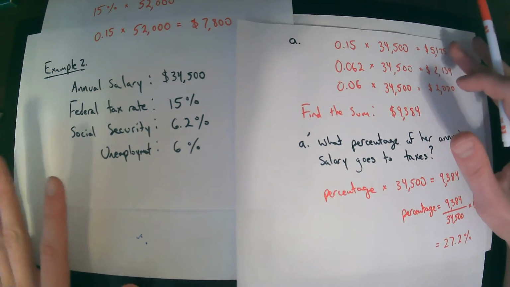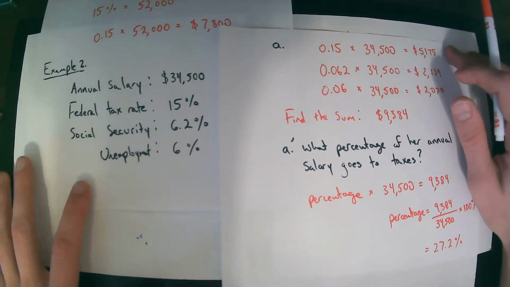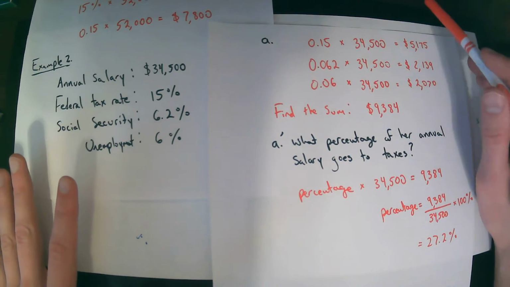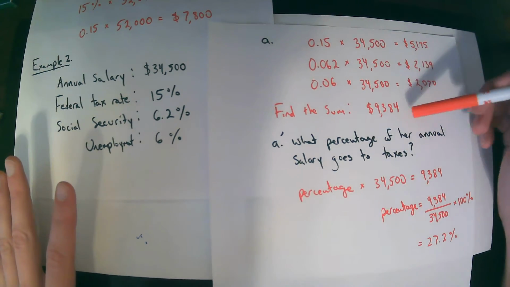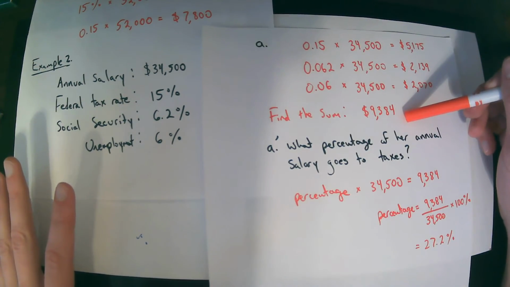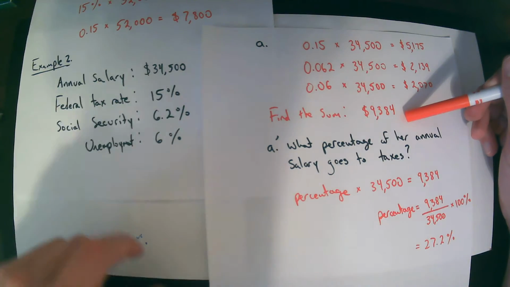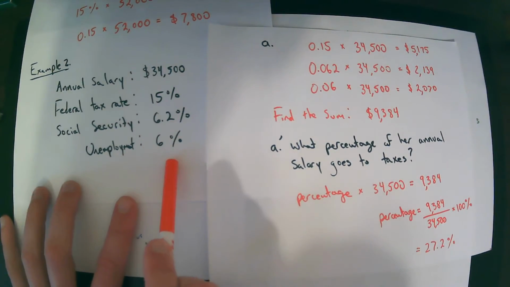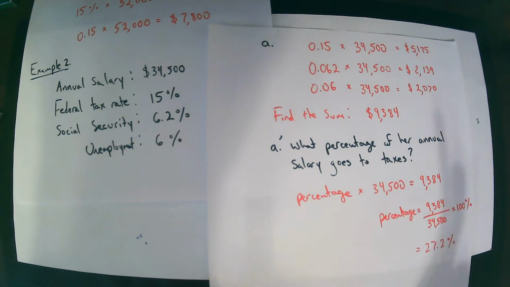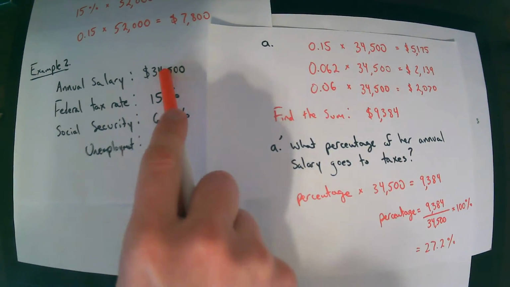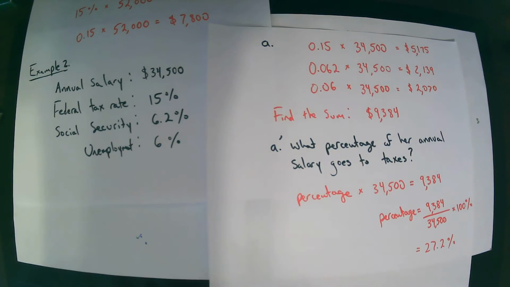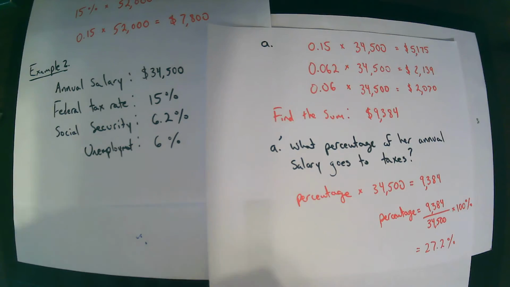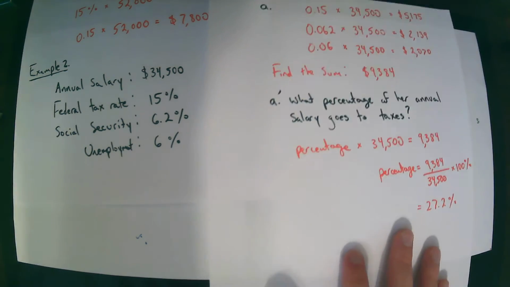So percents can be finicky, but in this case, if you wanted to know the total taxes she pays based off of her annual salary and these tax rates, you could just add up all these percentages to get 27.2% and take that out of her annual salary. That's what this means. And then you would get that sum of 9,384. So multiple ways to solve this problem.